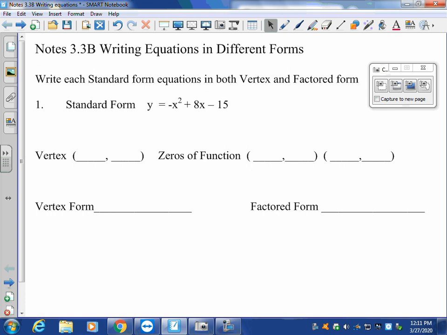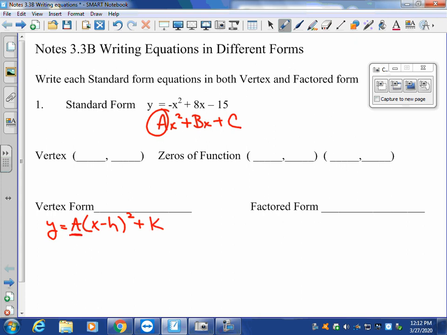And let's again review what are the parts of a standard form. Well, it's ax squared plus bx plus c. Now, the only part of this formula that's important is this a, and I think you'll see why in just a minute. For vertex form, you have y equals a(x minus h) squared plus k.